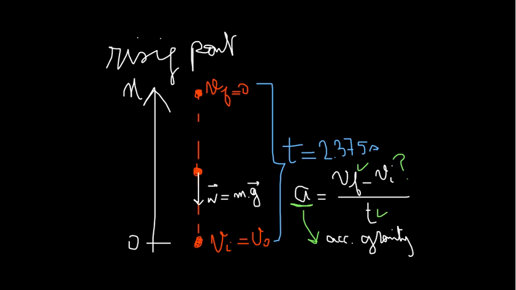Well, it's slowing down because it started with a certain speed and then reached 0. So it has been slowing down. So we have to take this note, and I will write it like this.